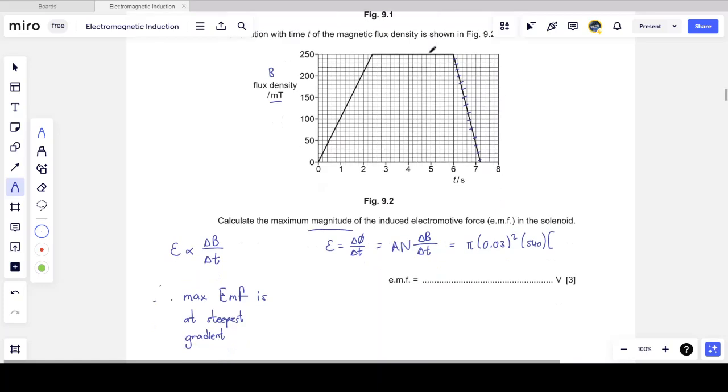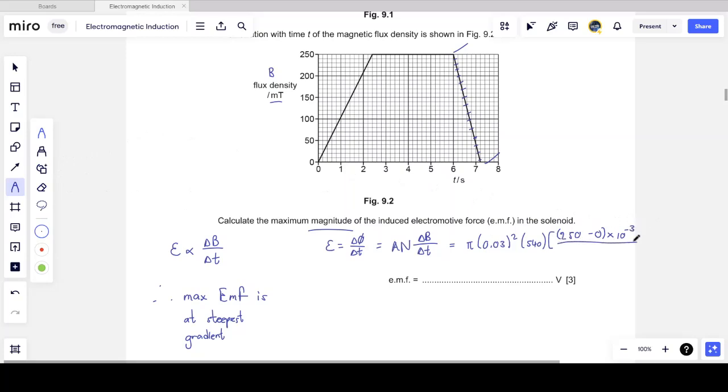And the flux density goes from 250 milliteslas to 0 milliteslas in a time of, well, 7.2 minus 6 seconds, which is 1.2 seconds. And so this change in flux density is 250 minus 0. And again, this is milliteslas, so we have to multiply that by 10 to the minus 3, since we have milli.